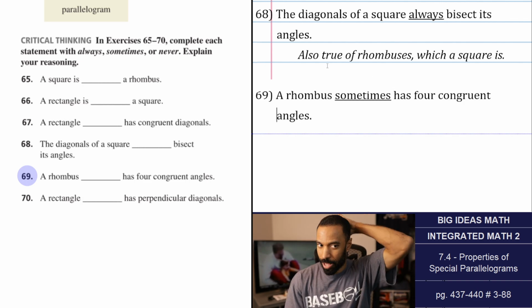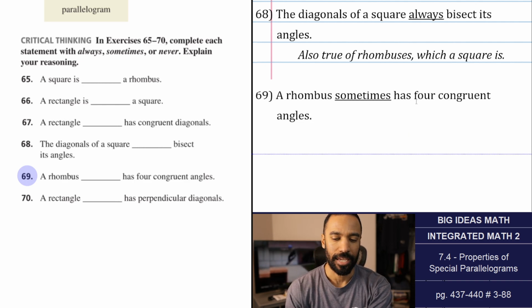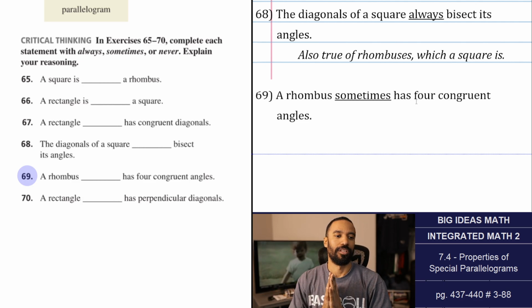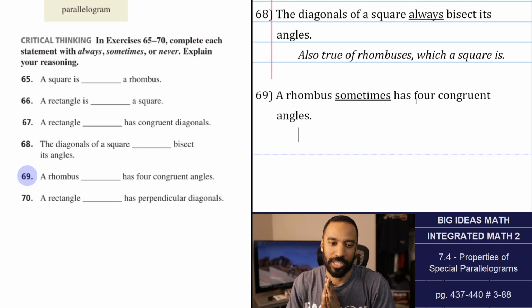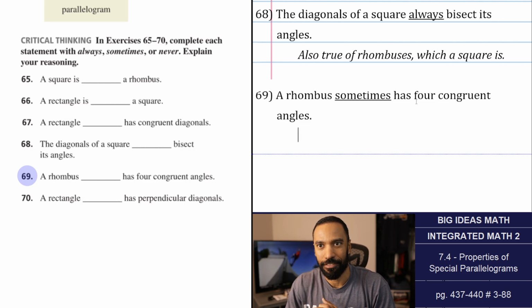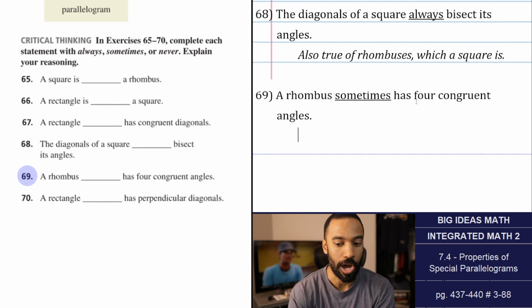This is kind of like the rectangle one from 66, only it's not bringing up the shape portion. This would be if 66 said a rectangle always has four congruent sides, but it said rectangle square. Now I'll say a rectangle sometimes has four congruent sides if it is also a square.